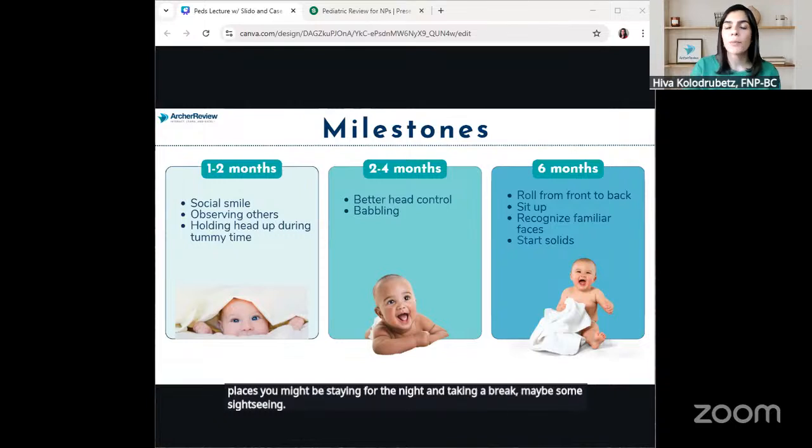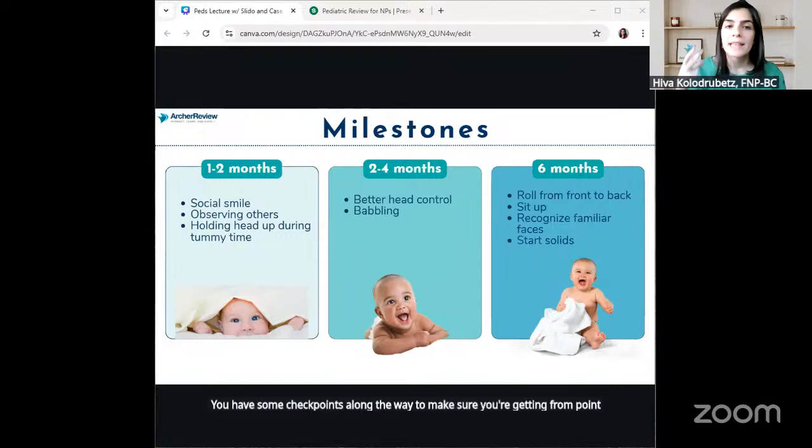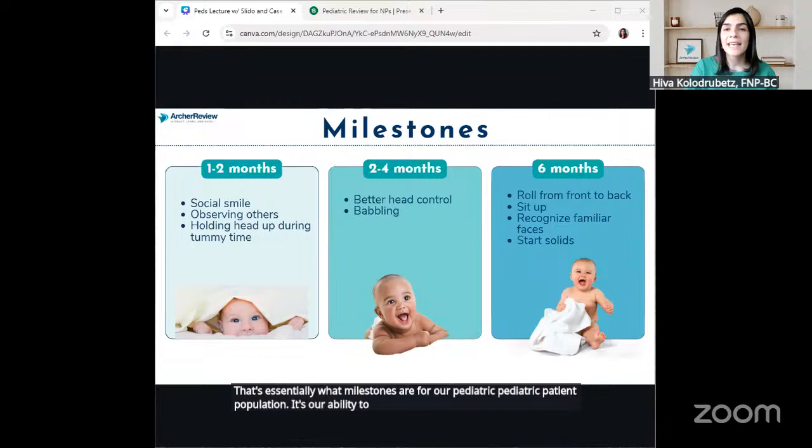You have some checkpoints along the way to make sure you're getting from point A to point B. That's essentially what milestones are for our pediatric patient population. It's our ability to make sure that our kiddos are hitting certain milestones to get them to a healthy growth and development in adulthood, right?